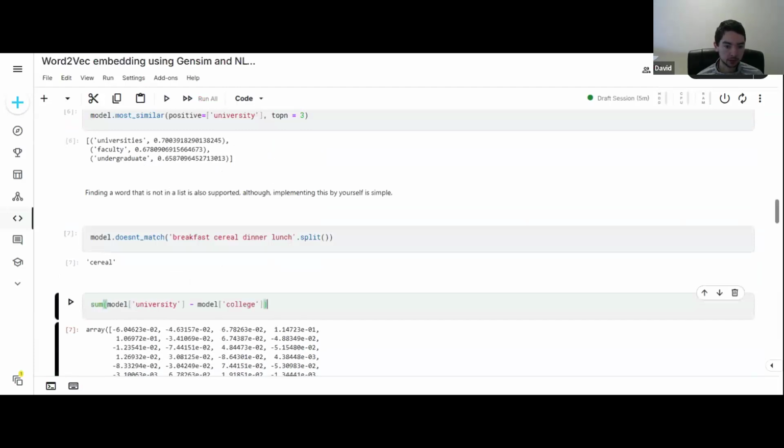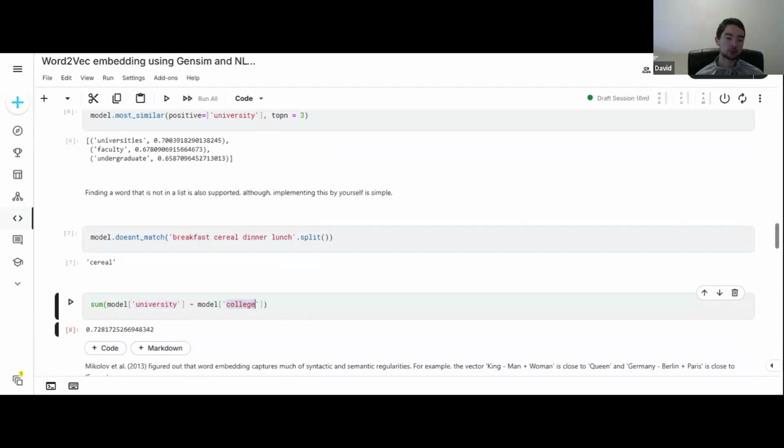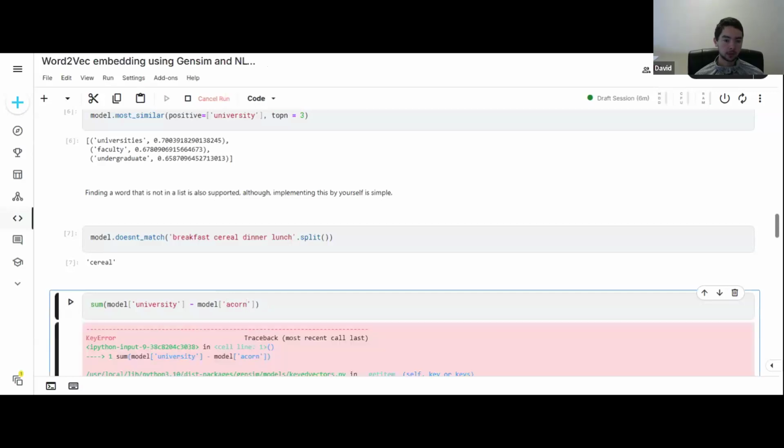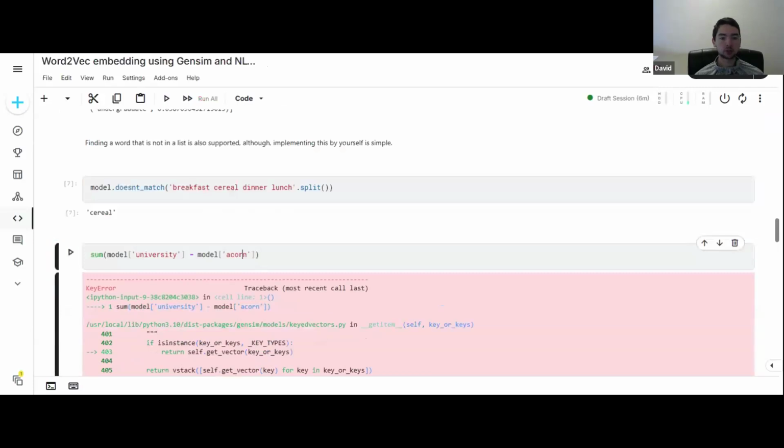And then we can see that the distance between university and college is pretty close, but the difference between university and, like, acorn, for example, well, it's not in the dictionary. What's a word that's different from university?